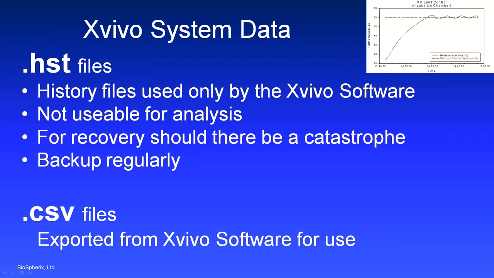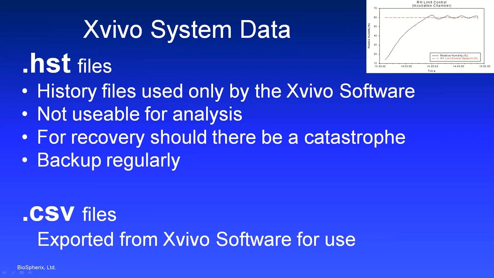They're used only by the Xvivo system software to record all of its sensor data and all of the modules, and it's recorded continuously. Now, this data is not usable for analysis outside the Xvivo system software.